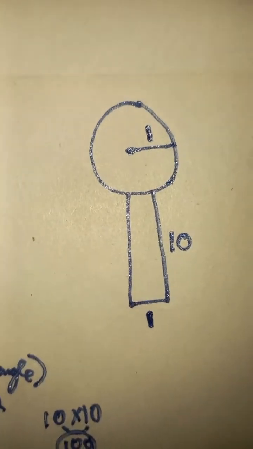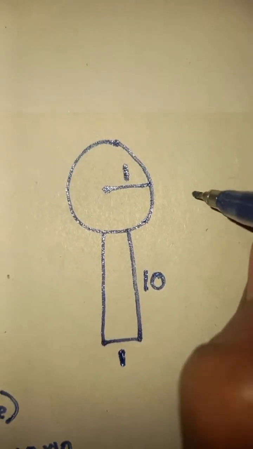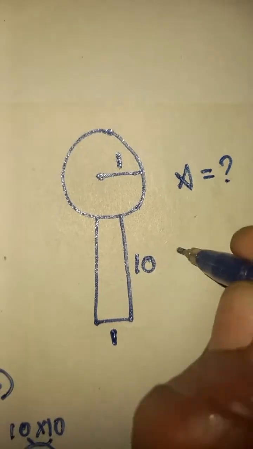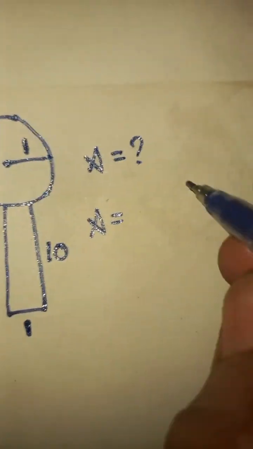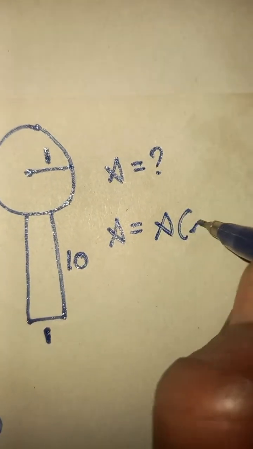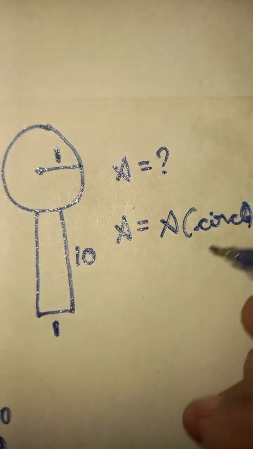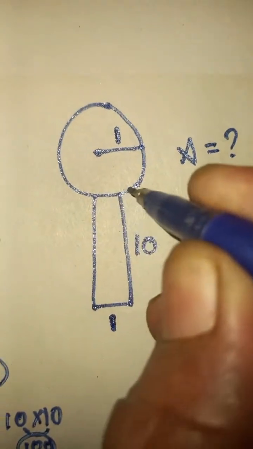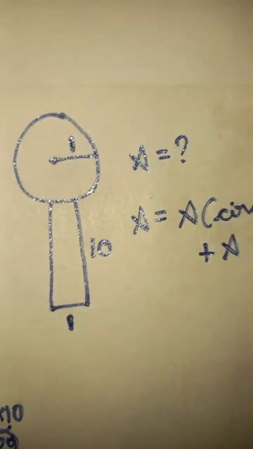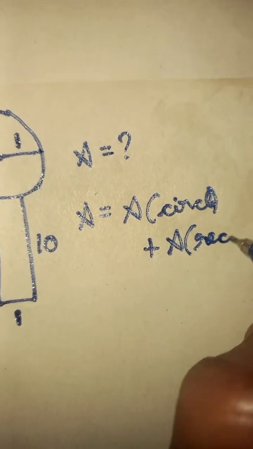Now you need to find the complete area of this shape. The complete area is the area of the circle above plus the area of the rectangle.